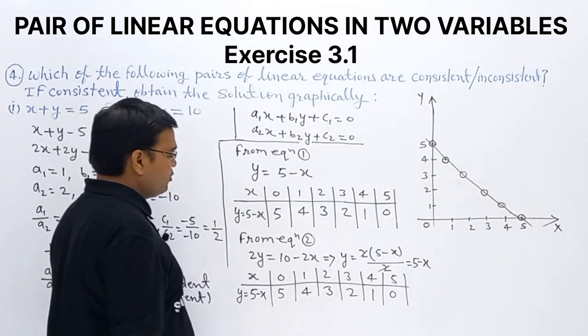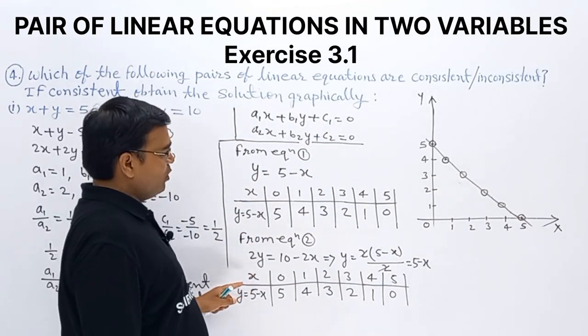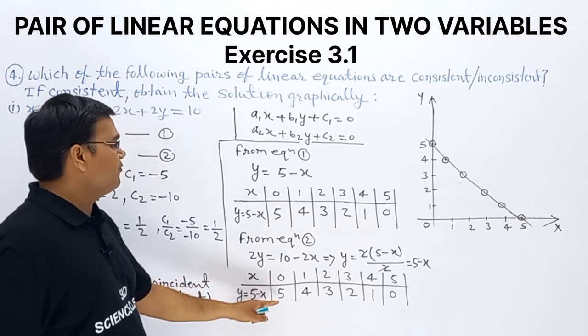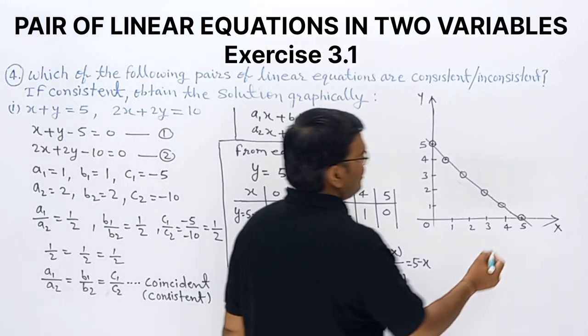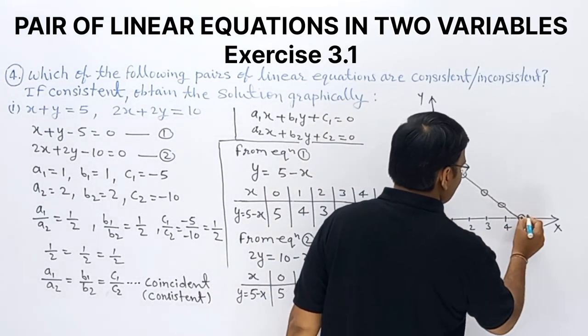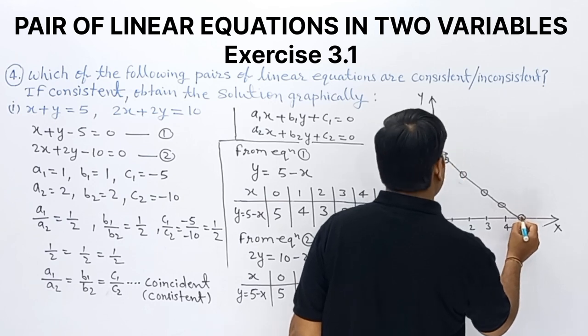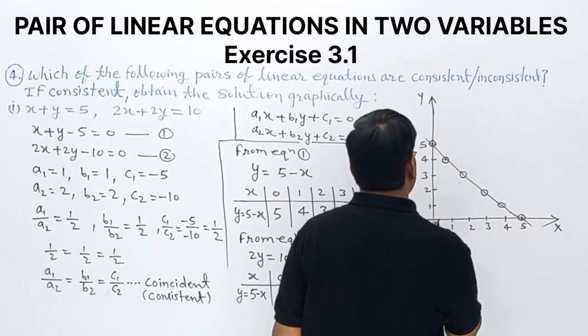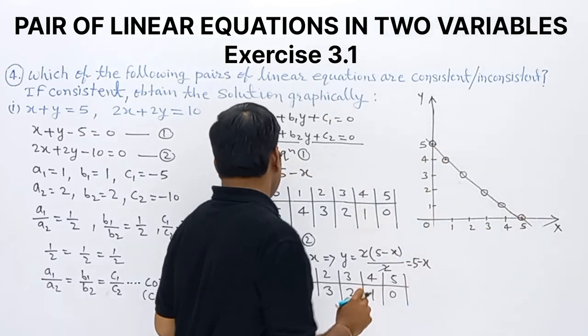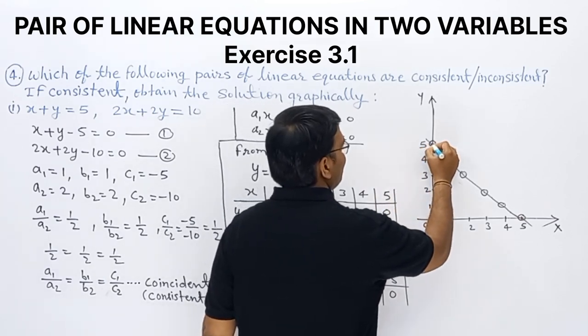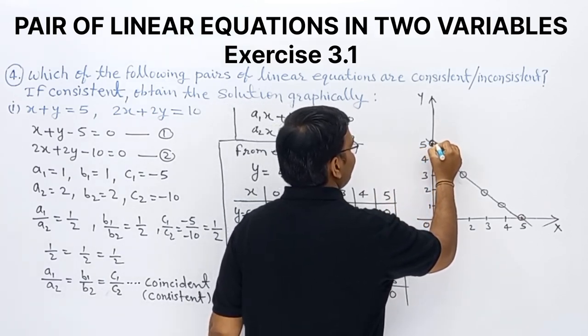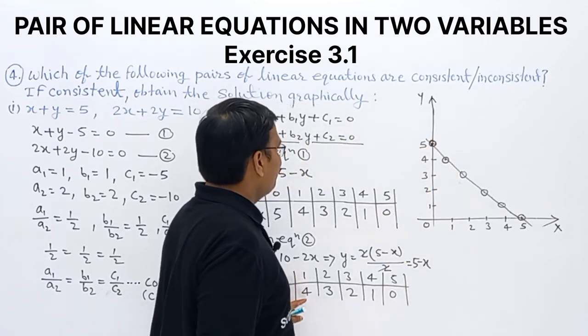For equation number 2, again what will be the points? 0 and 5. Again we are getting the same point. 0 is the x-axis, 5 is the y-axis. Same point we are getting there. Clear? Next point 1 and 4.